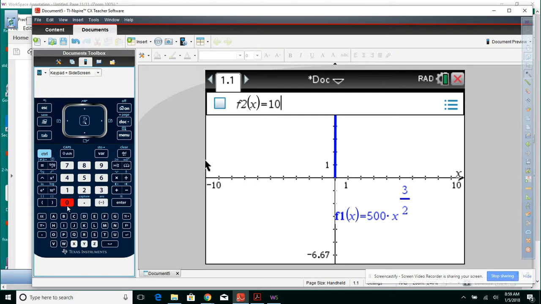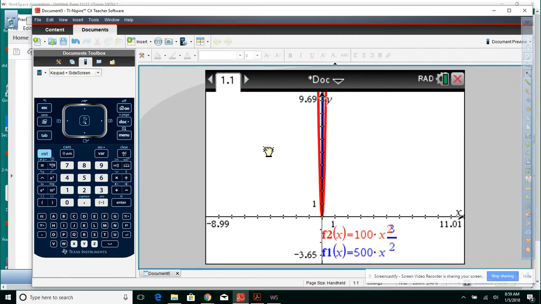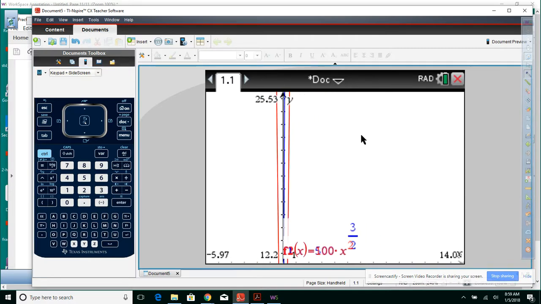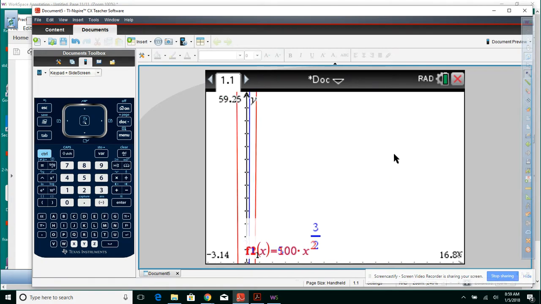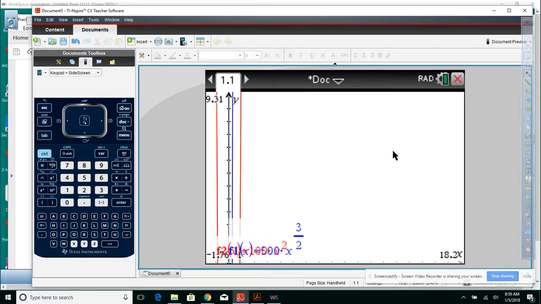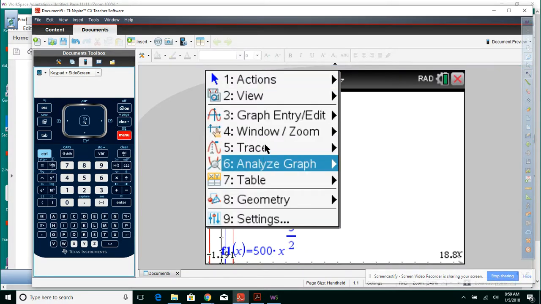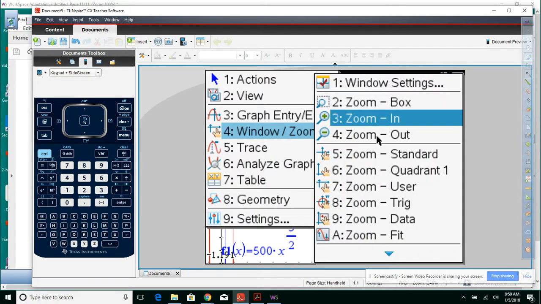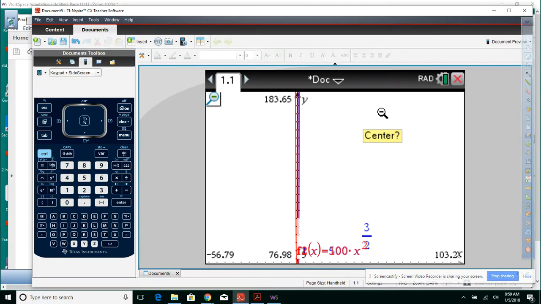100 x squared. Well, gee whiz, that is going to be hard to find. Scrolling. Yeah, it's getting large fast. What if I menu, zoom, and zoom out?